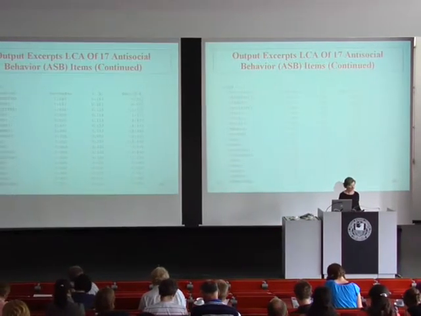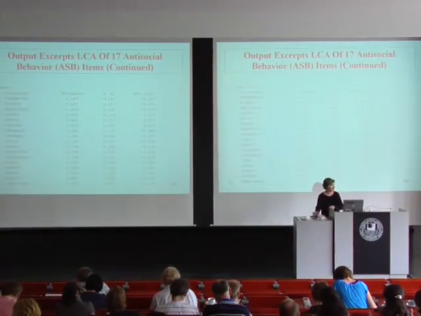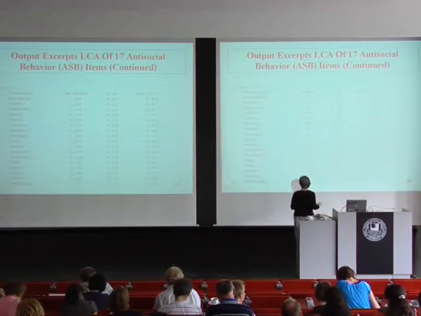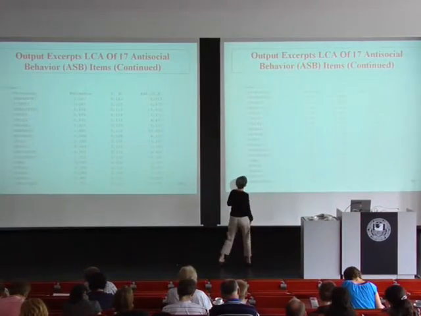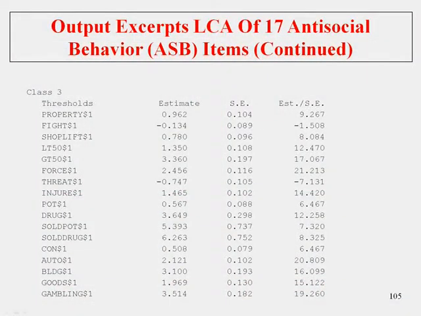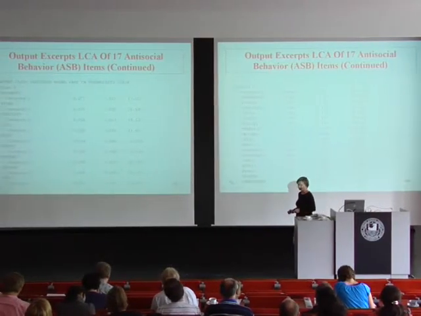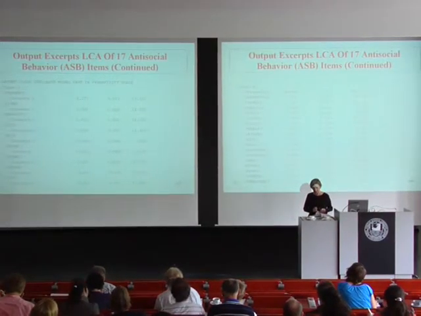And then we have class 3, which is the person class, so we would expect the low thresholds to be related to something about threatening and fighting. So we give you these logits, and then the fourth class is the normative class. First of all, we give you everything in thresholds, and then we give you information in the probability scale. And this is just a partial output.